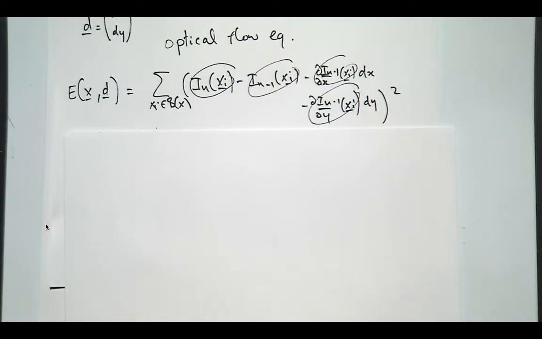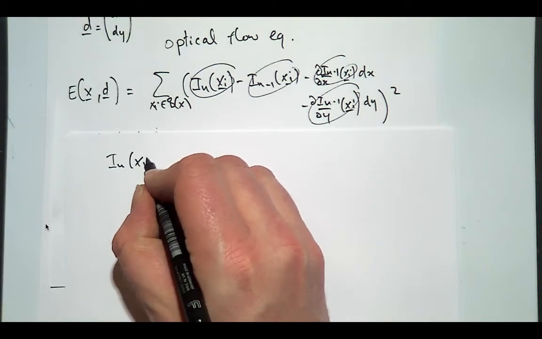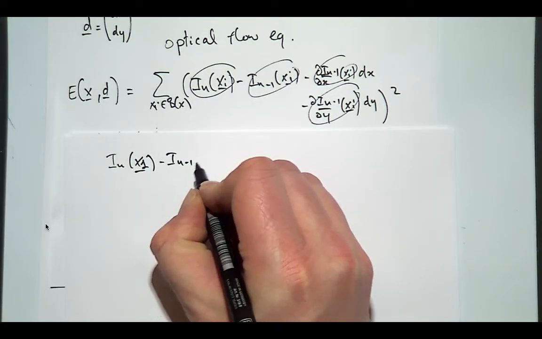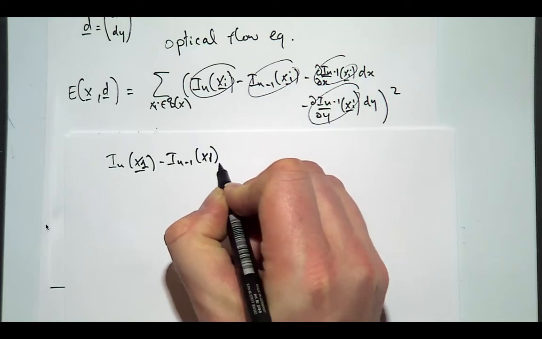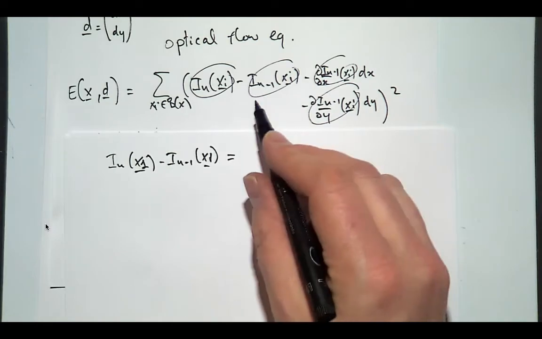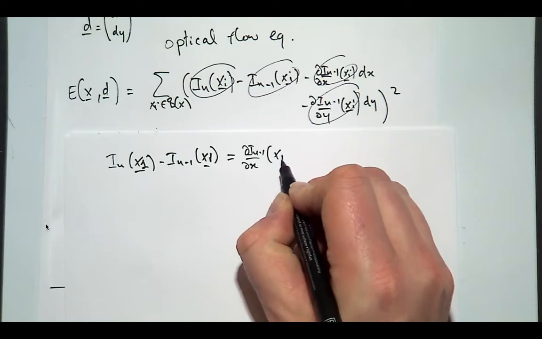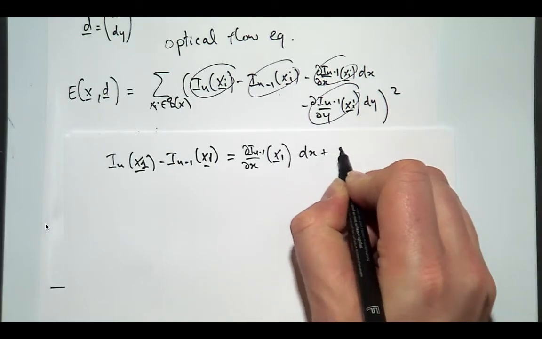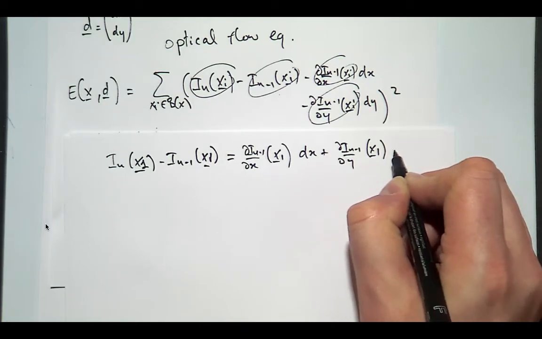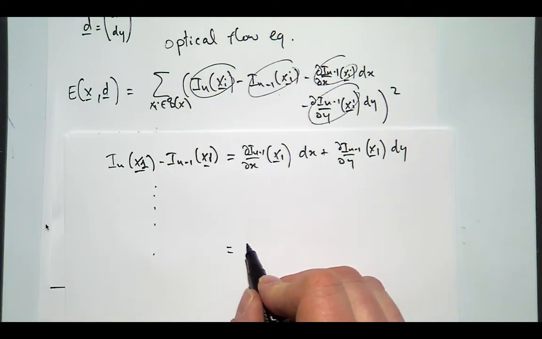Another way of looking at it is to say, if I look at all the pixel locations I have, I'll put that on the other side, and then you do that on both sides.